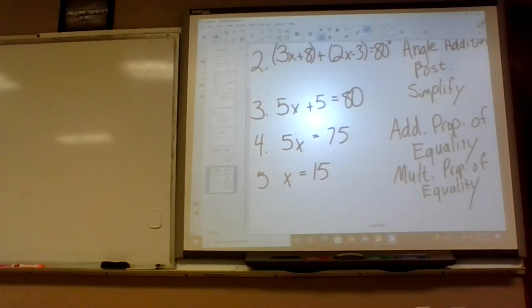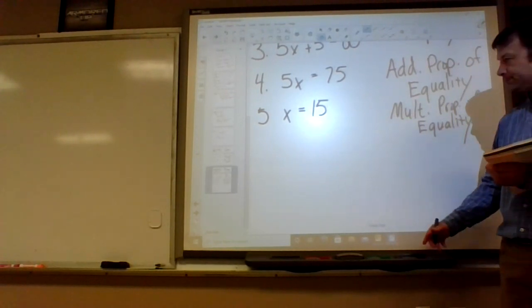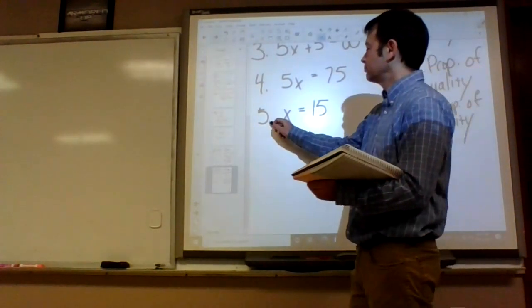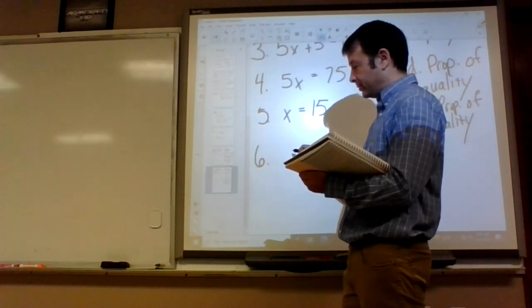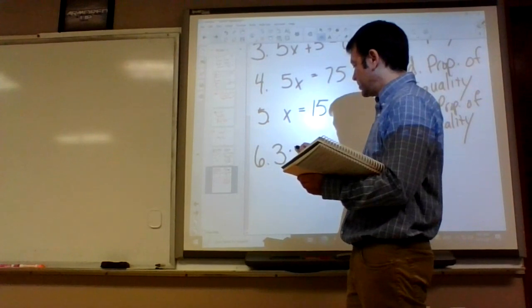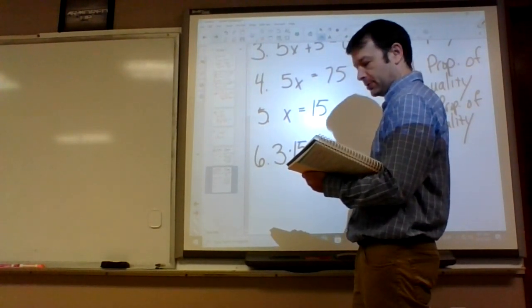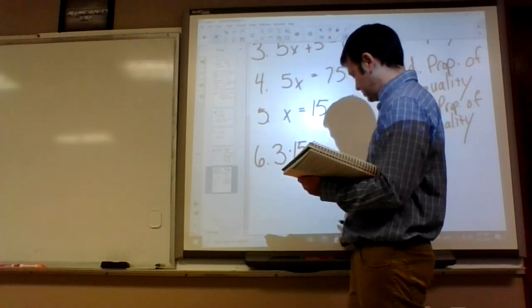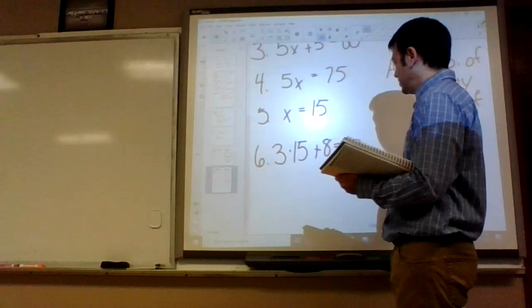Was that what we're trying to prove? No, it wasn't. What we're trying to prove is angle ABD. So then plug it in. So 3 times 15 plus 8 equals 53 degrees.